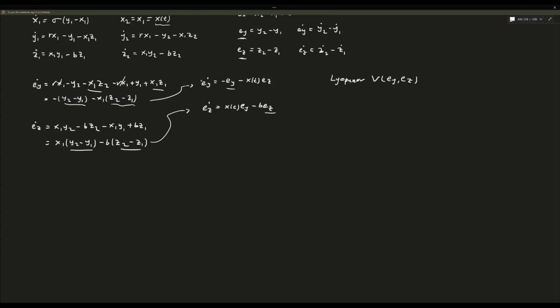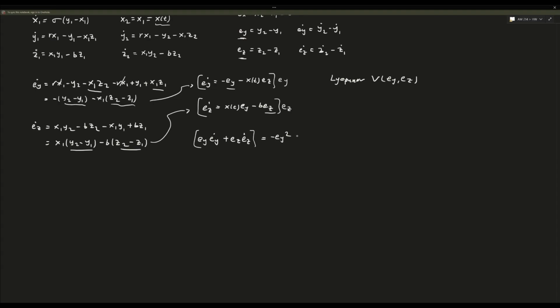And so what we can do is group this left-hand side. Since we have two variables, maybe we can get a product rule on this side by multiplying the top equation by ey, the bottom by ez, and then adding them together. So ey ey dot plus ez ez dot. This is a form of the product rule. And so let's see what happens to our right-hand side.